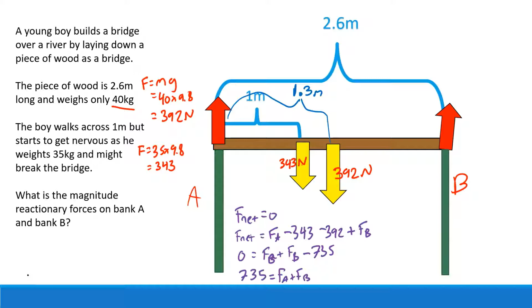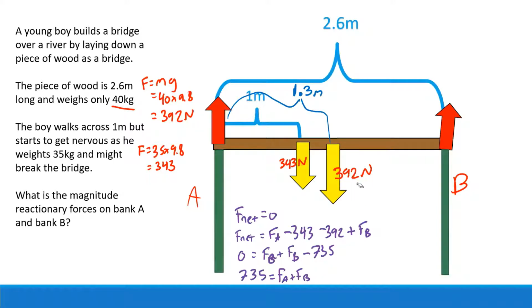But just for those of you that didn't know, a brief catch up: a young boy builds a bridge over a river by laying down a piece of wood. The wood weighs 40 kilograms. So we said F equals mg. We said that 40 times 9.8 equals 392. That gives us this force here.